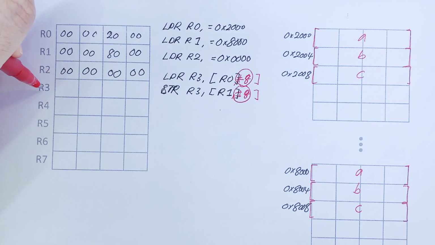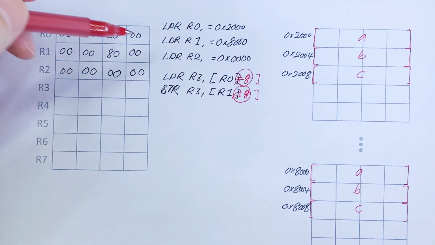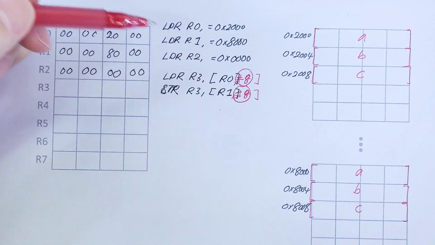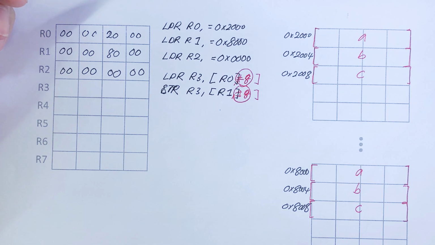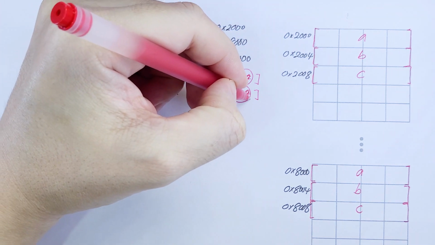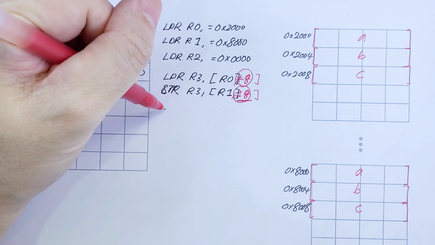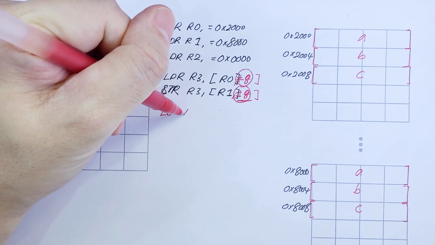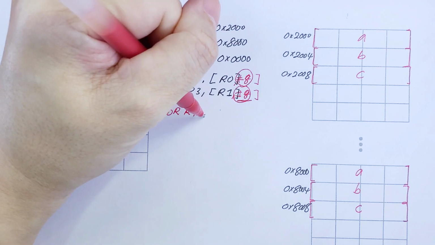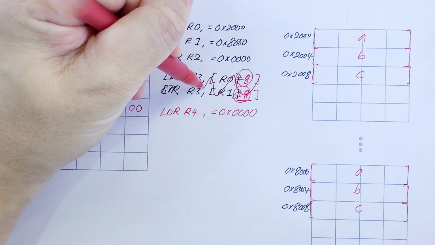In our case, I can use one of the registers to hold the immediate value that I need to offset register 0. So let's assume I use R4 as the register to represent the amount of offset that I need. So I will start my R4 again with 0. So of course we're not going to need this anymore.